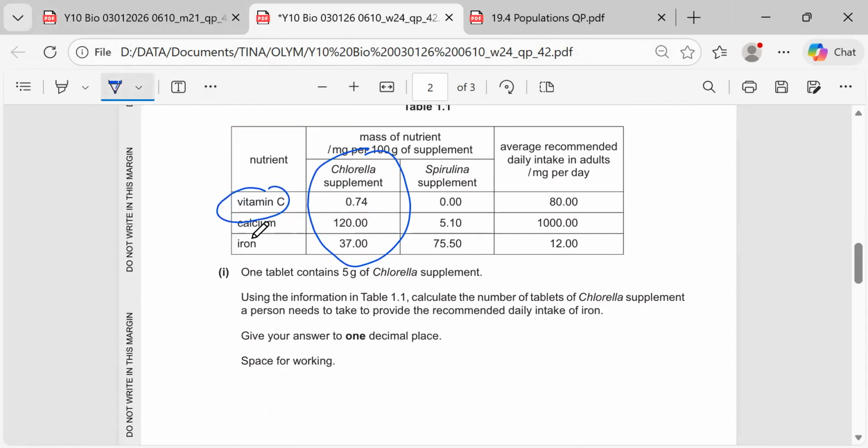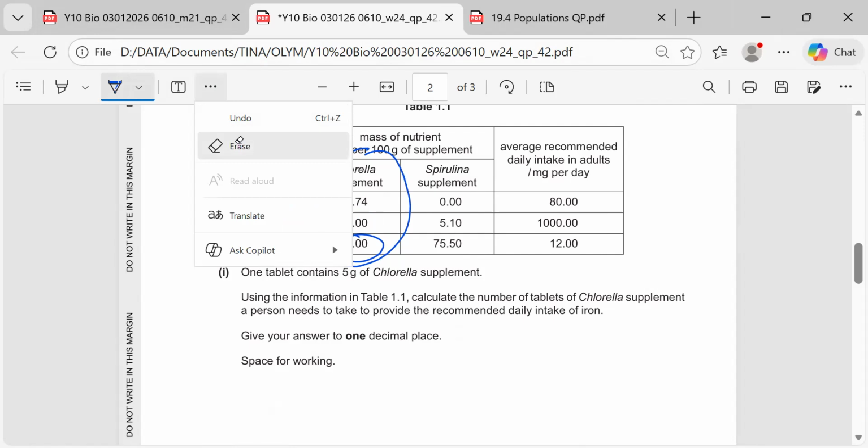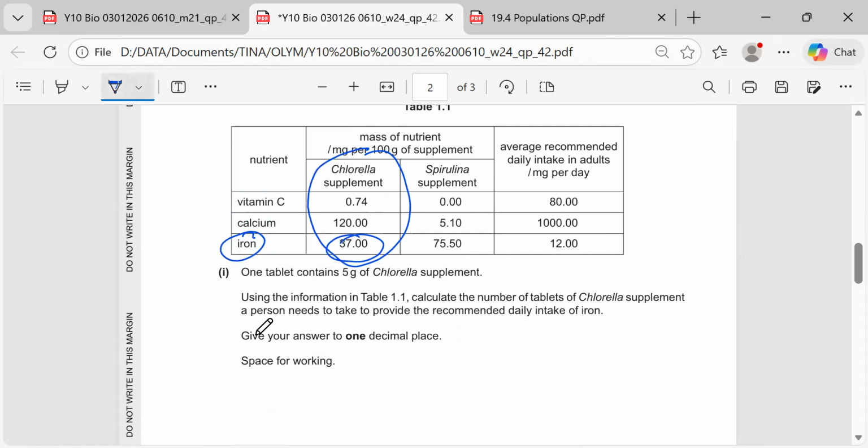One tablet contains 5 grams. In 100 grams, there is 37 milligrams of iron. A person needs to take 12.